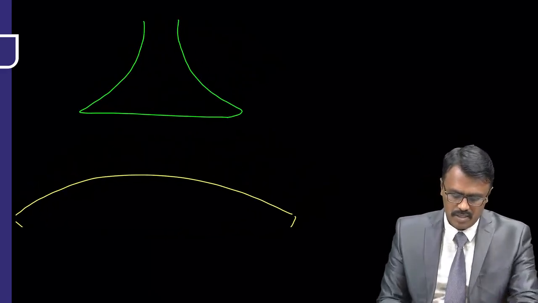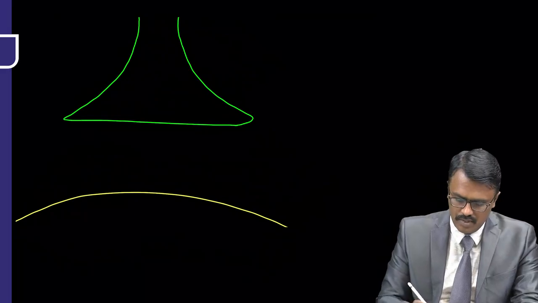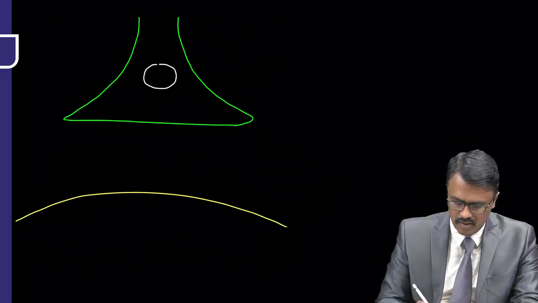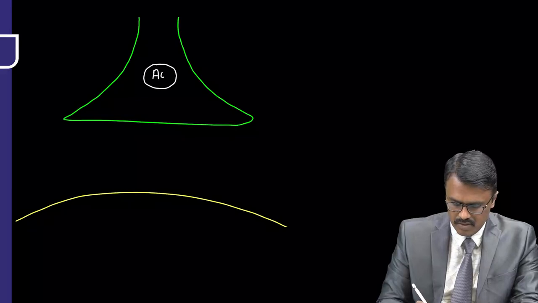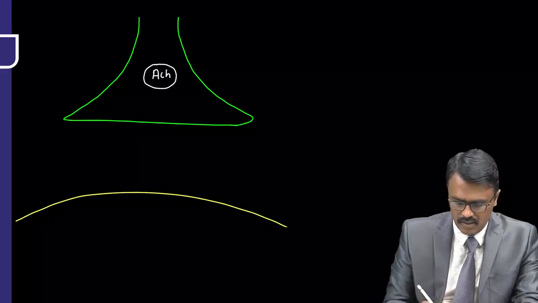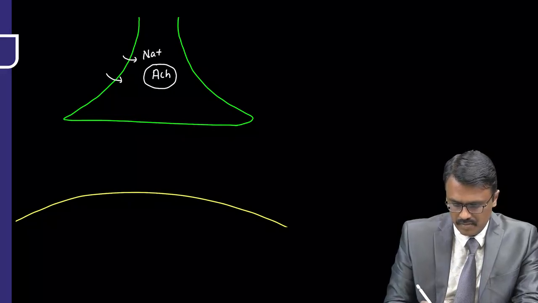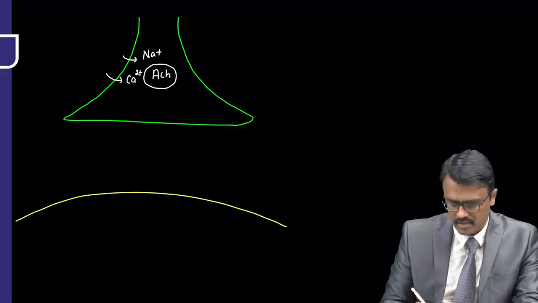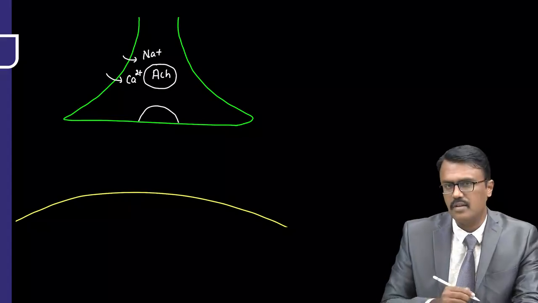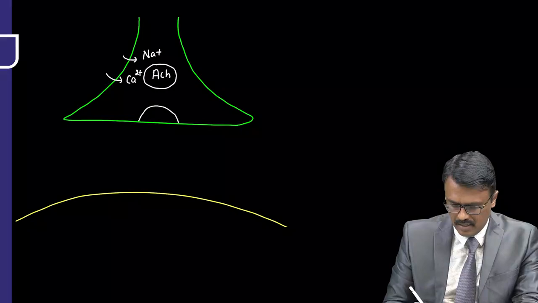Now, what is the neurotransmitter in the neuromuscular junction? We know that it is acetylcholine, which is stored. When there is entry of sodium, there is entry of calcium, and the calcium will tell the acetylcholine to get released. The vesicle will fuse and the acetylcholine gets released.